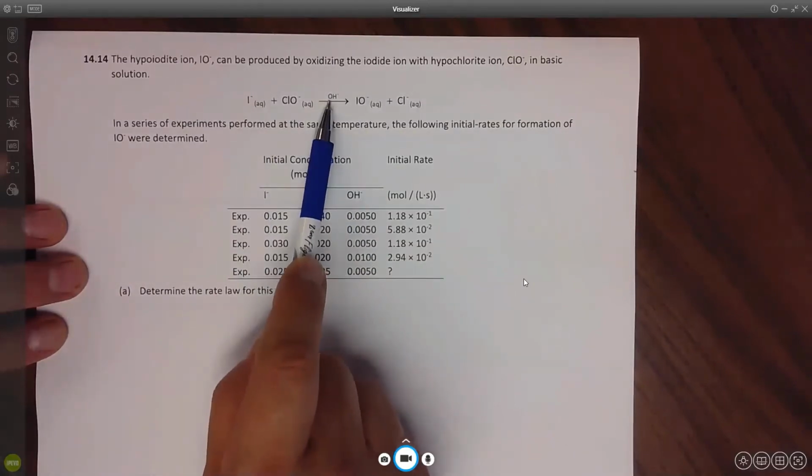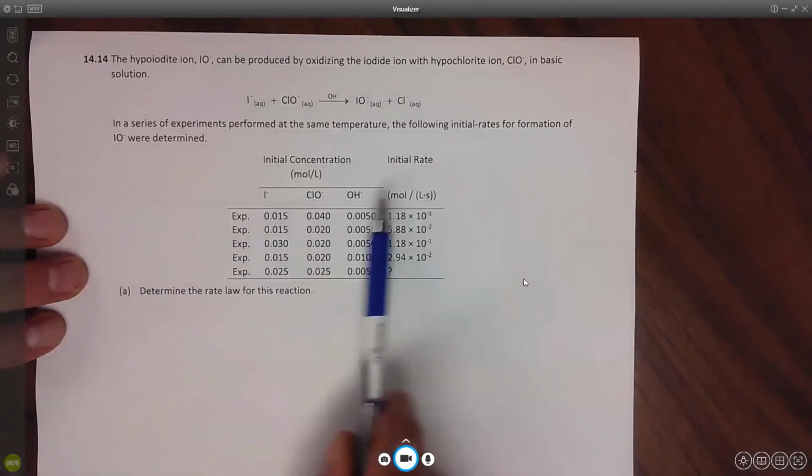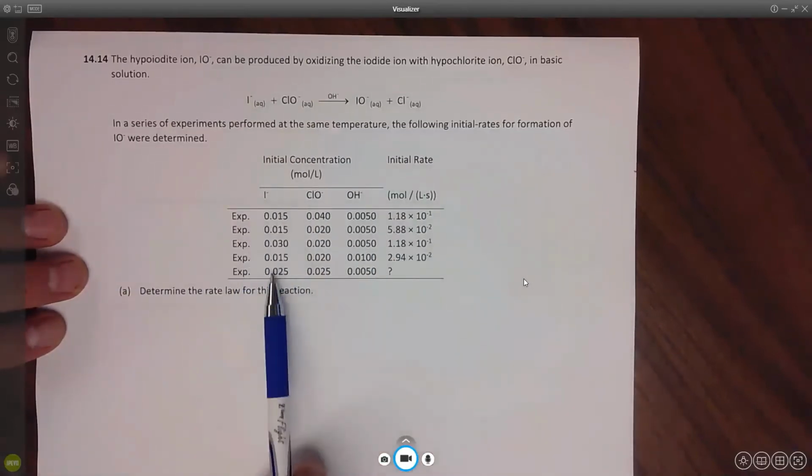The hydroxide written above the arrow means that it's a catalyst. So we perform a series of reactions, again changing concentrations of some of them as we go along.